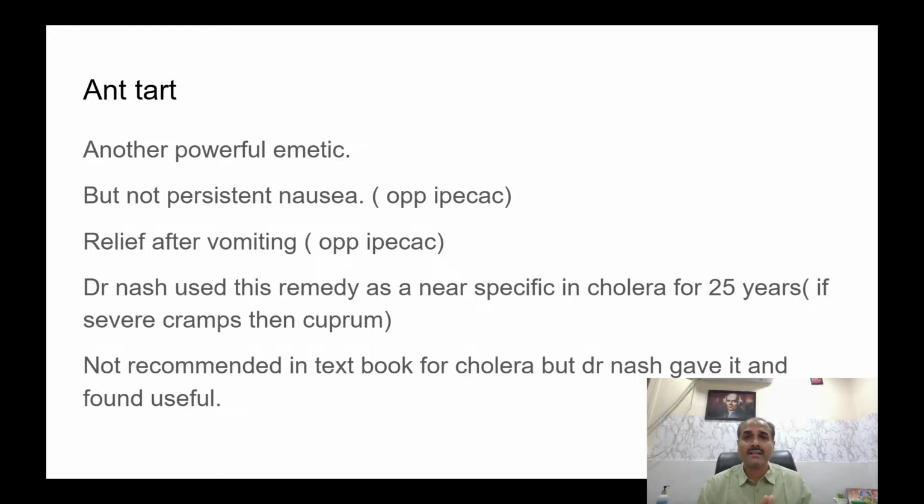Next, Dr. Nash tells us that antimonium tart has been used by him for 25 years in all the cases of cholera. He calls it a near specific remedy. And there was not a textbook at that time which recommended antimonium tart as a remedy for cholera, but Dr. Nash gave it and found it useful.